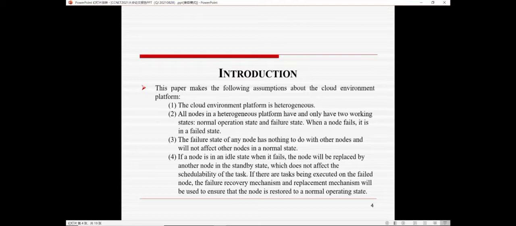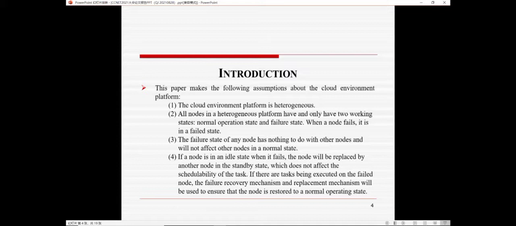When a node fails, it is in a failed state. The third is that the failure status of any node has nothing to do with other nodes and will not affect other nodes in the normal state.